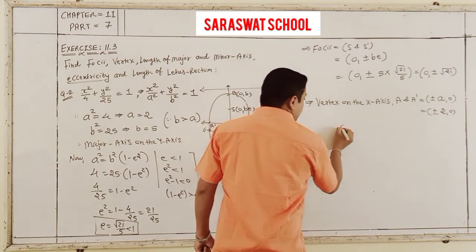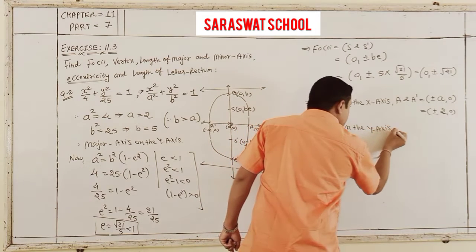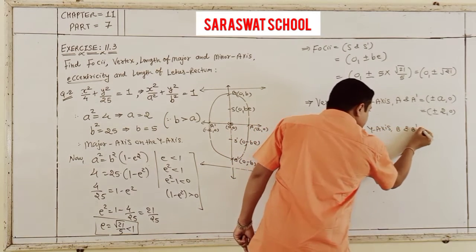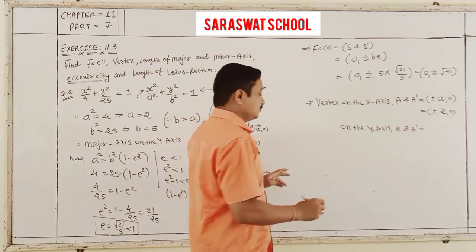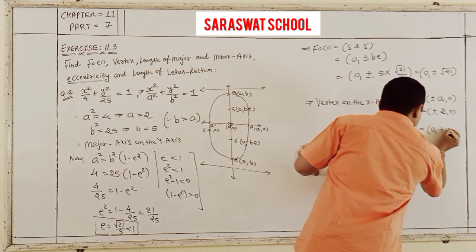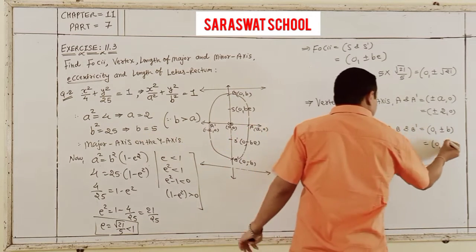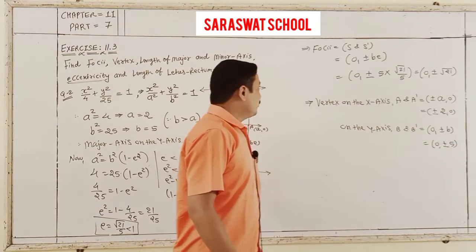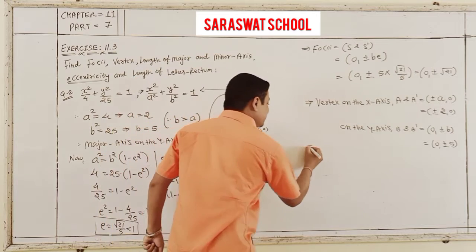Same on the y-axis, B and B dash. It means, students, these points B and B dash are 0 comma plus or minus b. But what is your b? B you clearly know is plus or minus 5. Now the vertices are done.